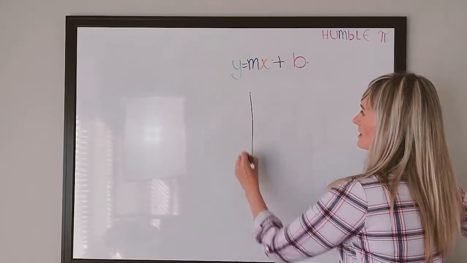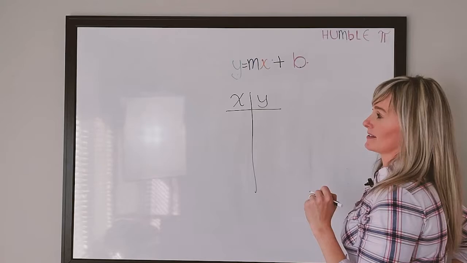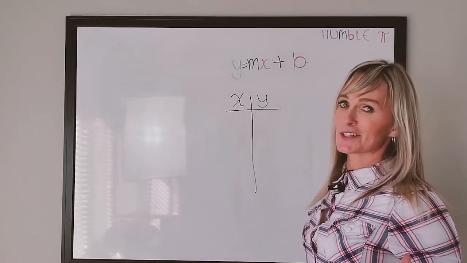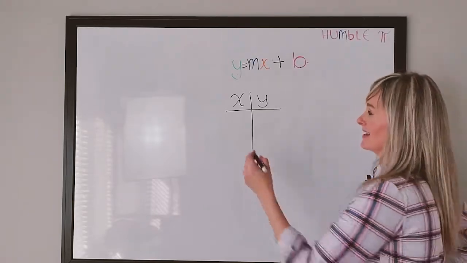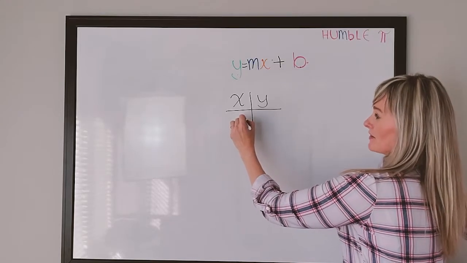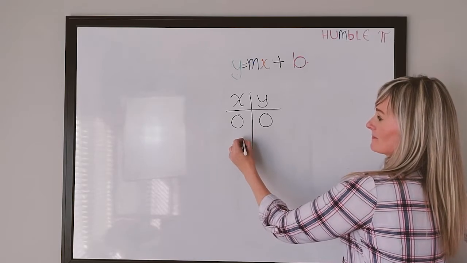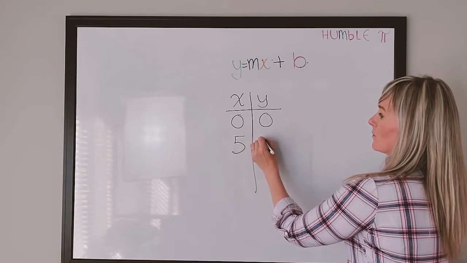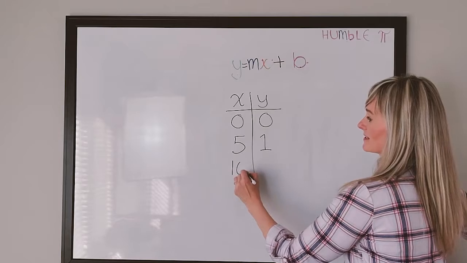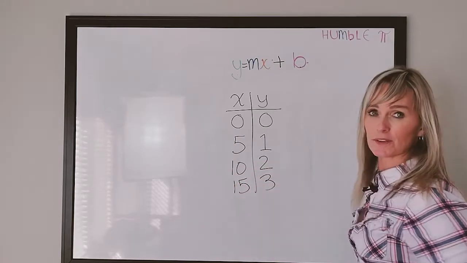How many vases he could make was dependent on the time. The time didn't change because he made more vases. So if we start out and he made 0 vases, that's at time 0. After 5 minutes, he could make 1 vase. After 10 minutes, he had made 2, and after 15 minutes, he had made all 3 vases.